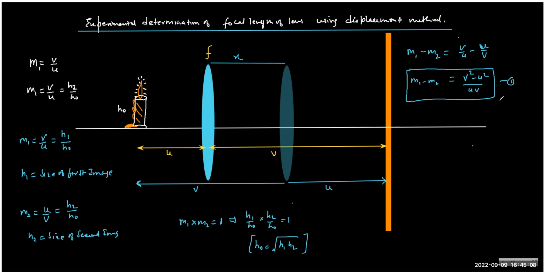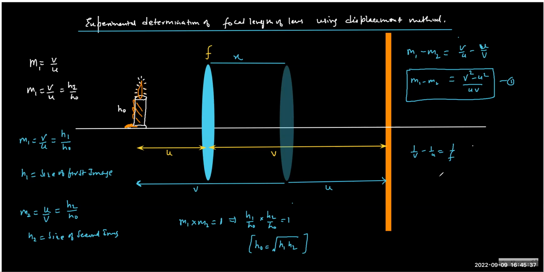But this is of no use as of now, but we can make it useful if I use the lens formula. What is the lens formula? 1 by V minus 1 by U equals 1 by F. Very good.